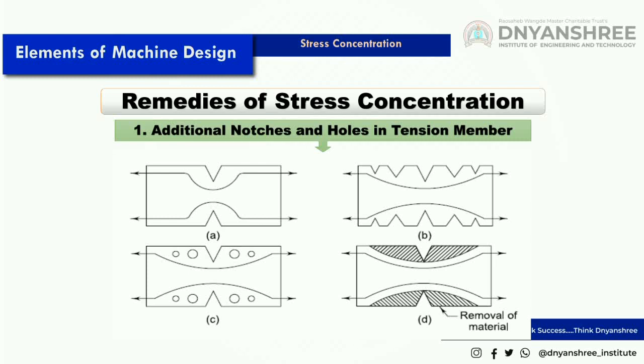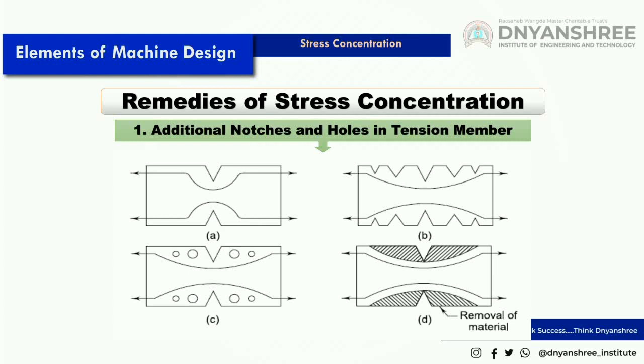That means in the vicinity of the notch there is a high stress value. So how to decrease that stress value? See in figure B, additional notches are cut on that tension member so that the stress value gets spread over the component, so that stress concentration reduces.